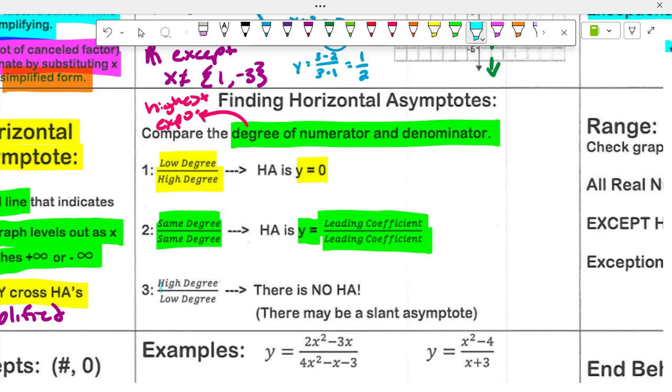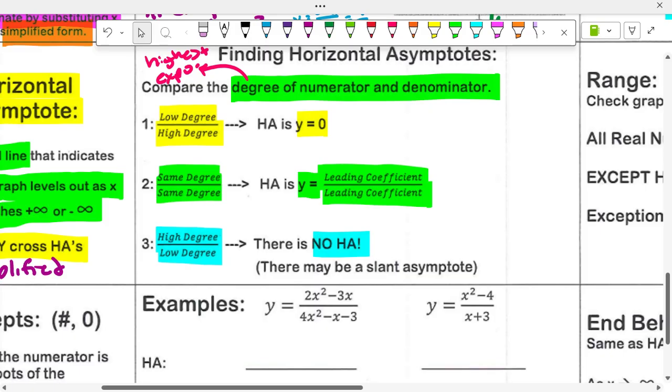And finally, if your numerator's degree is higher than your denominator's, then you don't have a horizontal asymptote. It doesn't exist. Now, there may be a slant asymptote. And again, we don't find that in Math 3. All right?